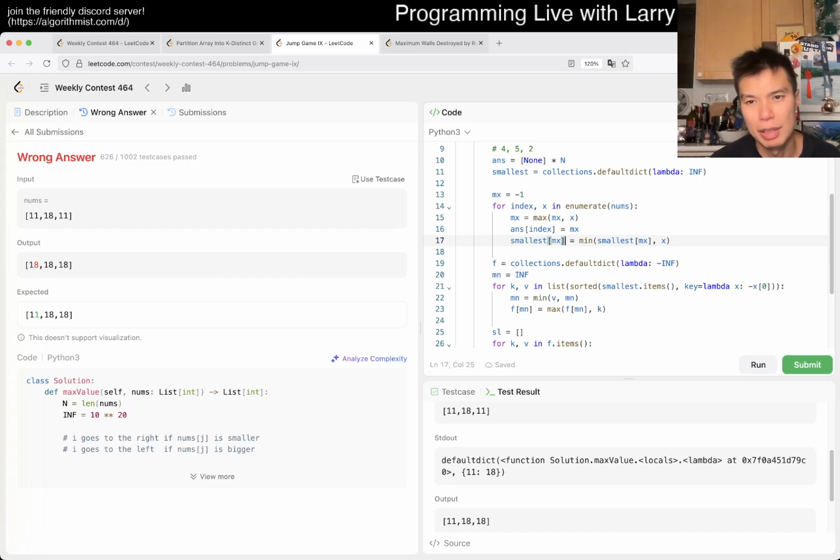The smallest array as well is the smallest of max, right? But if you're jumping into it, and also you can do multiple jumps, Larry.